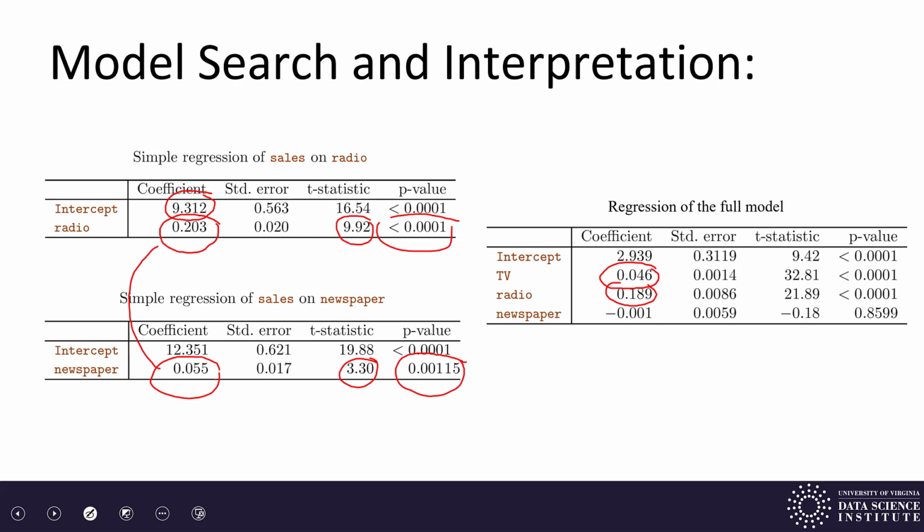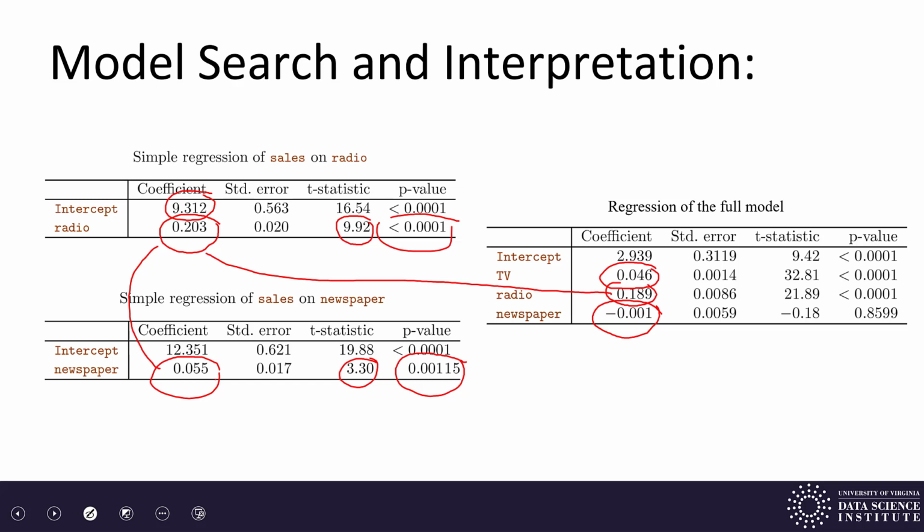Something to notice: if we compare that to our single variable model coefficient for radio, which was 0.203, in this multivariate regression we get 0.189. So radio isn't contributing quite as much to sales, but it's only slightly less than it was with the single variable. But the very interesting thing now is that the newspaper coefficient is negative 0.001.